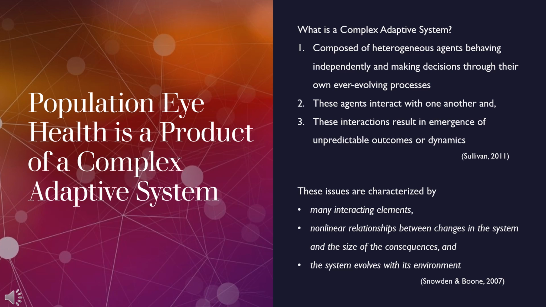Third, when thinking about the characteristics of this type of system, it's important to remember that the system is also evolving with its environment. From the small scale of all of those actors within the system to the large scale of the entire system itself, the system is developing and evolving throughout all of these interventions.